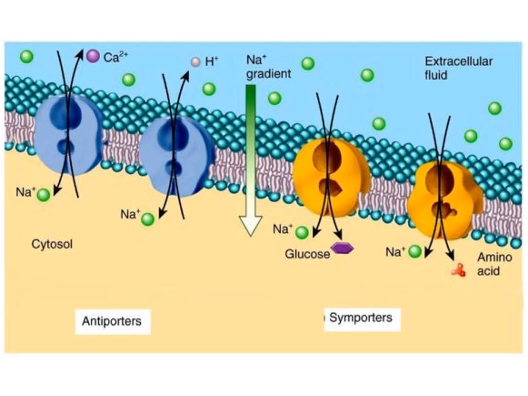So we have a carrier protein embedded in the plasma membrane. These carrier proteins have binding sites for sodium and another molecule, for example, glucose. So the sodium tends to come to the inside of the cell and binds to such a carrier protein.